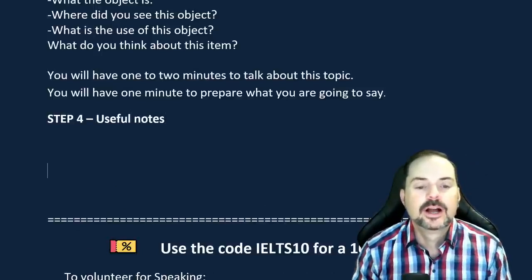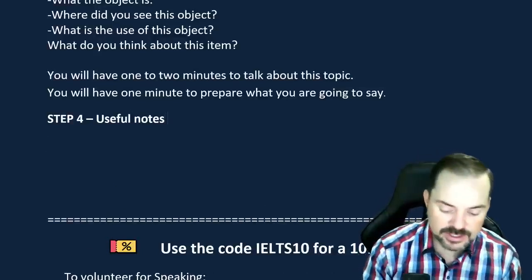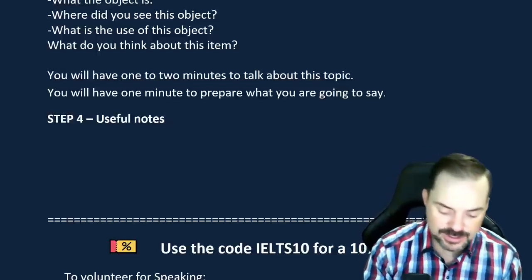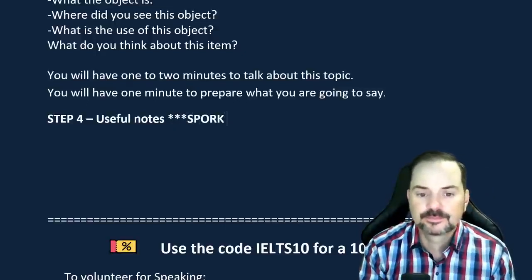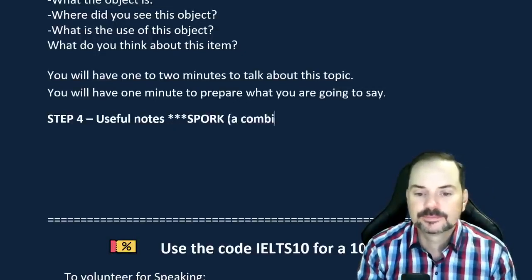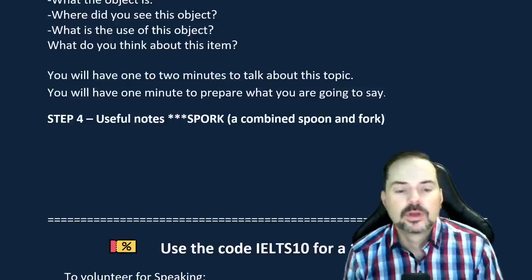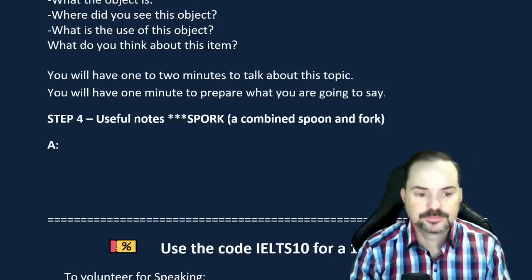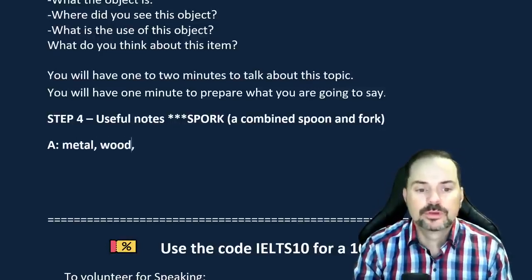All right. So a spork. We're going to go with a spork for today. Everybody, again, a spork is a combination of a spoon and a fork. Spoon and fork. Okay, so first of all, its appearance. It is metal, wood, or plastic.